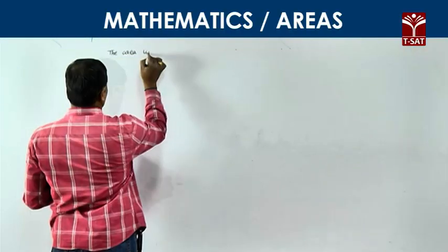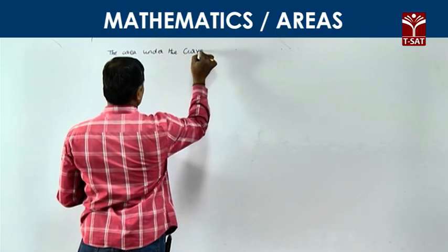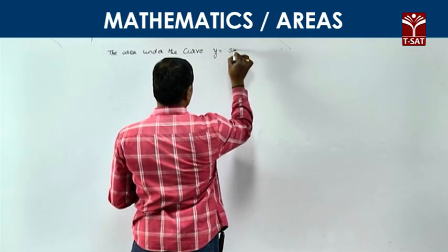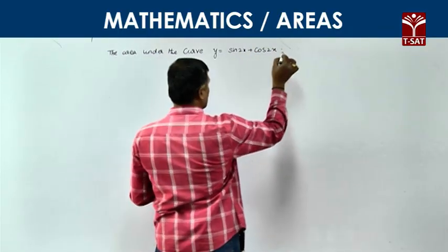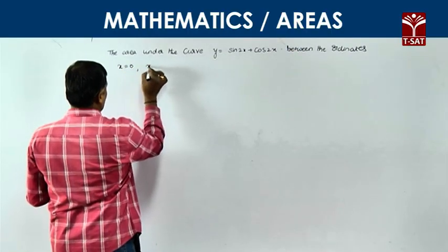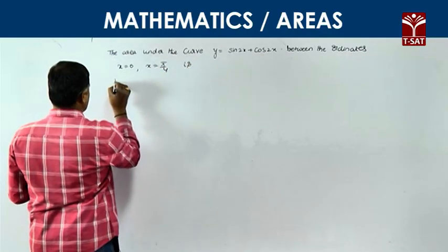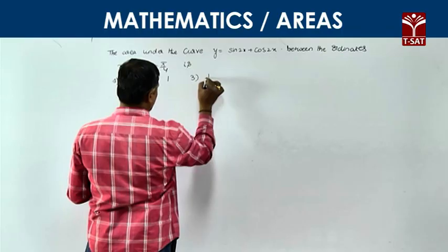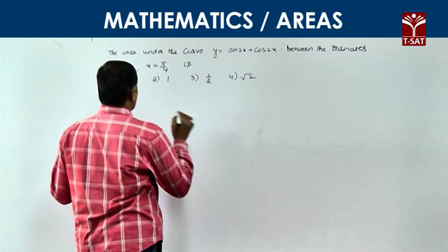Next problem. The area under the curve y = sin 2x + cos 2x between the ordinates x = 0, x = π/4 is: first option 2, second option 1, third option 1/2 and fourth option √2. Draw the sin 2x + cos 2x graph.